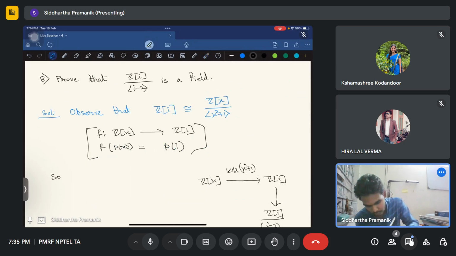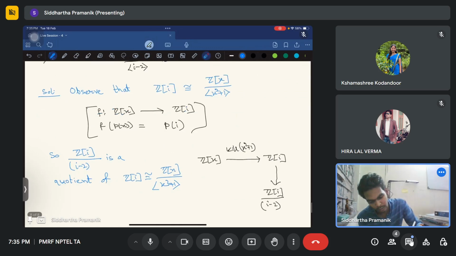So Z[i] mod (i − 2) is a quotient of Z[i], which is isomorphic to Z[x] mod x² + 1.